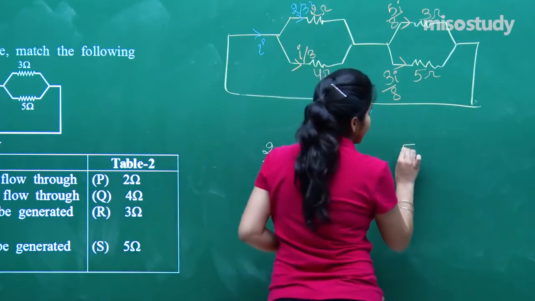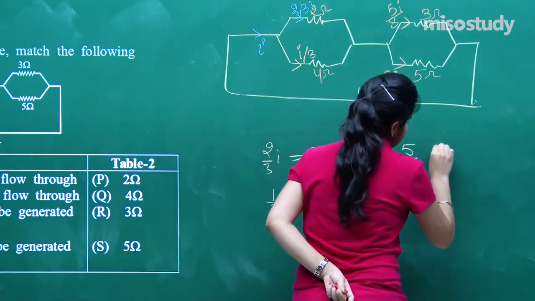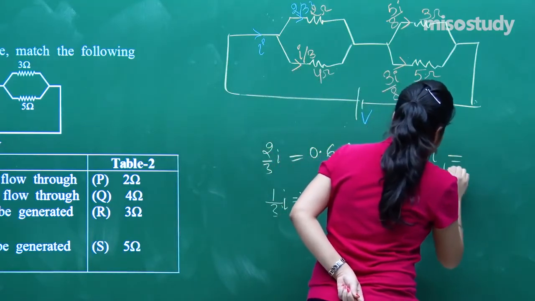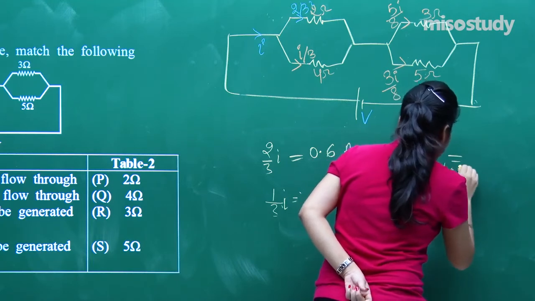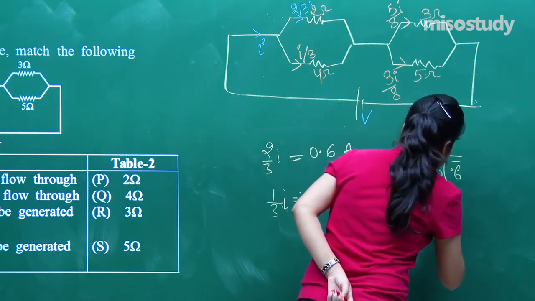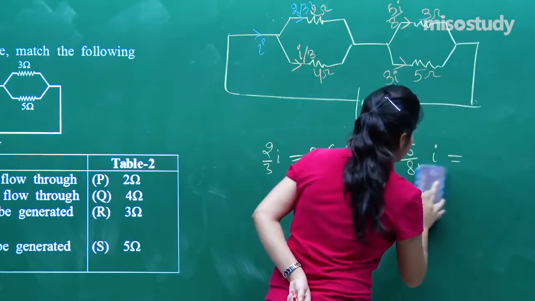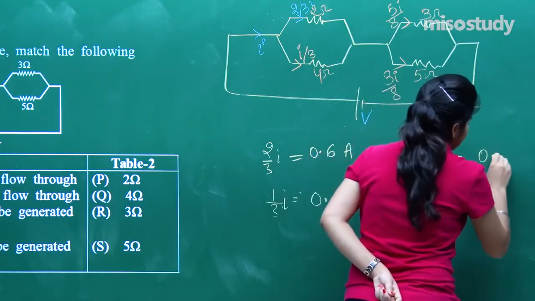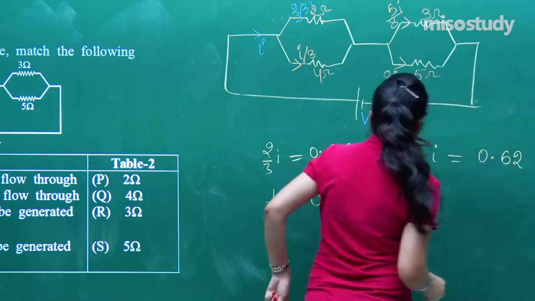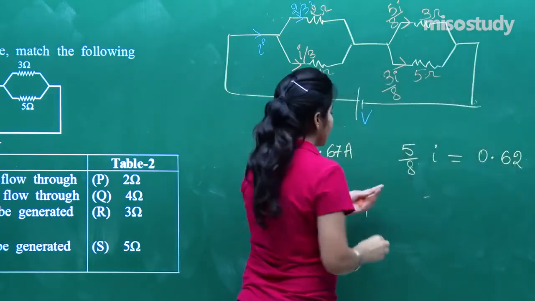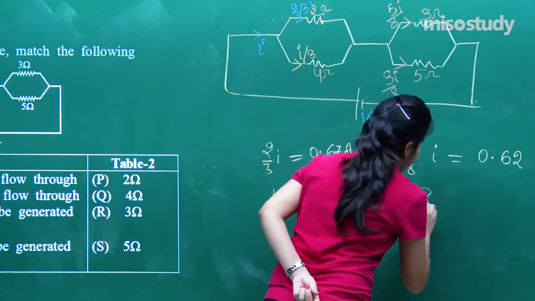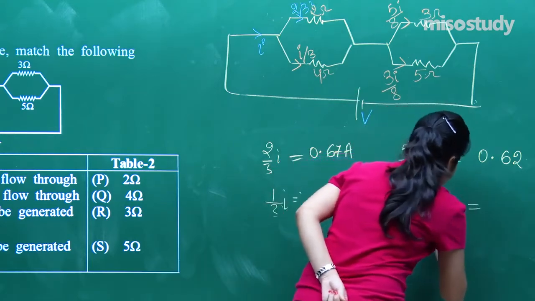Similarly, what is 5 by 8I? It is 0.62, and this will be 0.67, and 3 by 8I you can divide for this also.